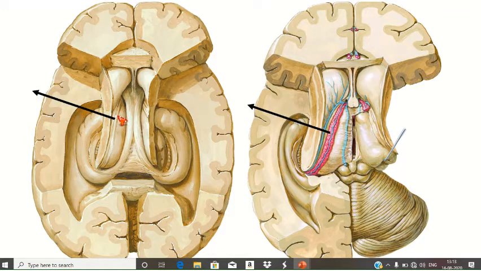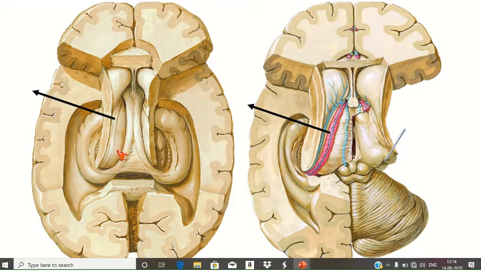So the superior surface has a ventral aspect and a dorsal aspect. In the ventral aspect, we have seen the stria terminalis and thalamostriate vein, present in the groove between the thalamus medially and the caudate nucleus laterally. Whereas posteriorly, meaning dorsally, there are the dorsomedial and dorsolateral parts.